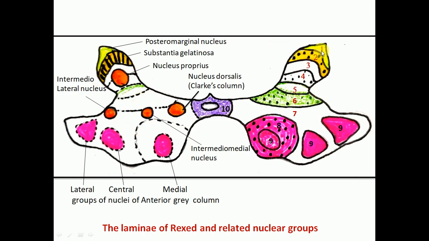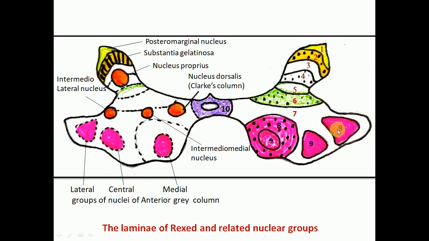First of all, Roman numeral 1 is related with the posteromarginal nucleus. Number 2 is related with the substantia gelatinosa. Numbers 3 and 4 are related with the nucleus proprius. Numbers 5 and 6 are related with the base of the dorsal gray column. Then Roman numeral 7 is related with the nucleus dorsalis, intermediomedial and intermediolateral nucleus.